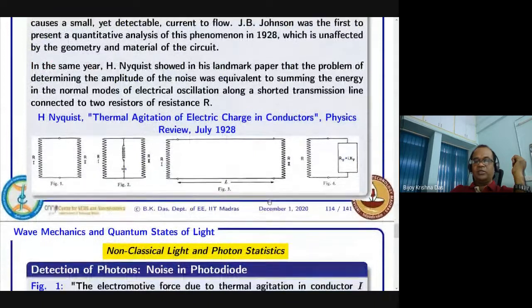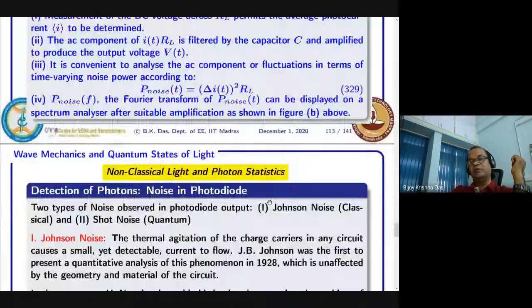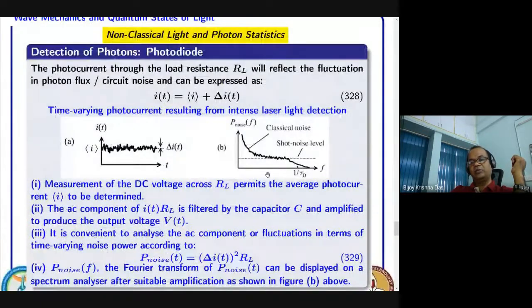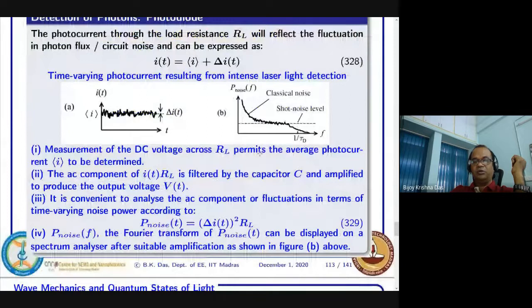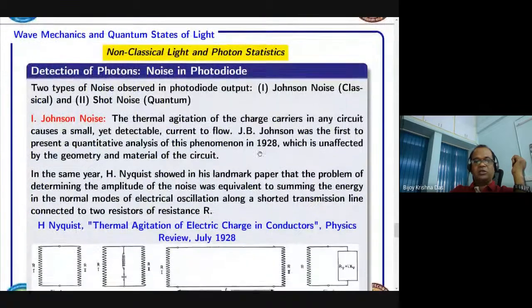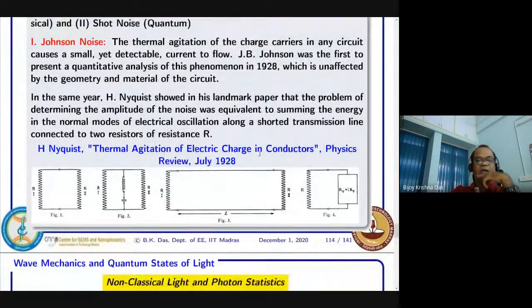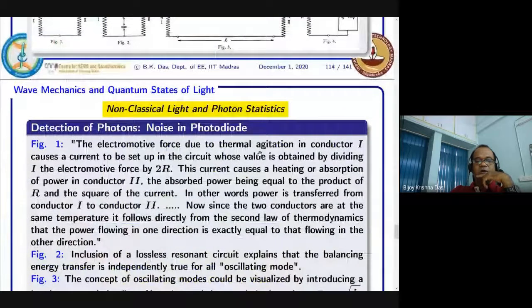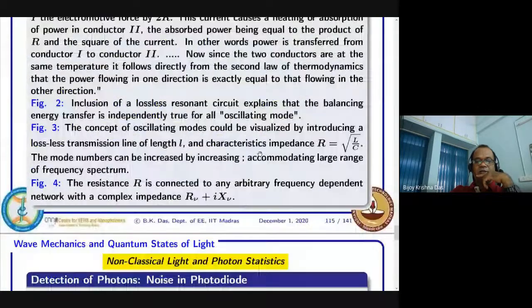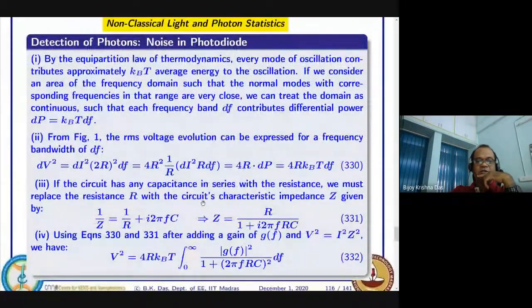To analyze this initial part, for a smaller frequency you get very high noise. That we could discuss by using the thought experiment of Johnson and later on Nyquist, and we could quantify that Johnson noise voltage V square, which is proportional to power.